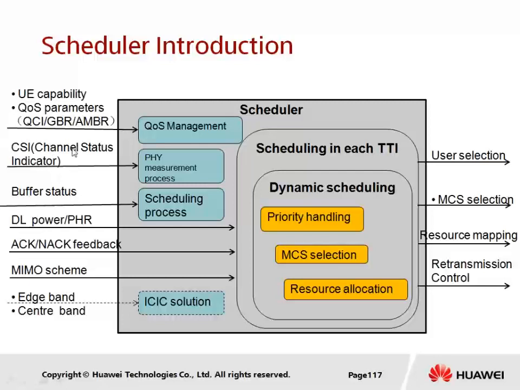CSI, which is channel state indicator, includes the most important one, CQI, the channel quality indicator.